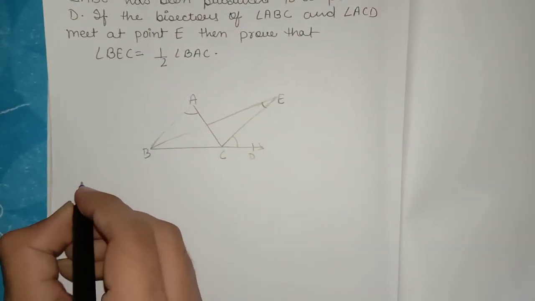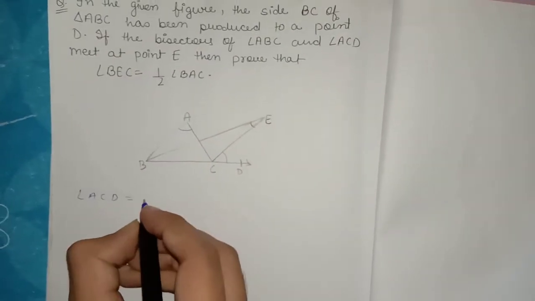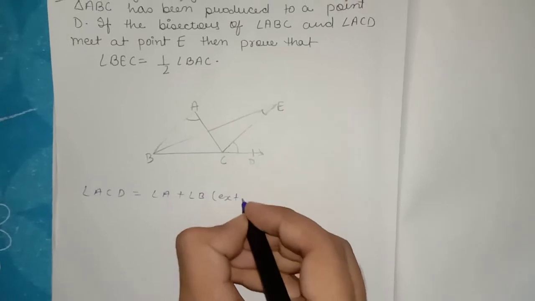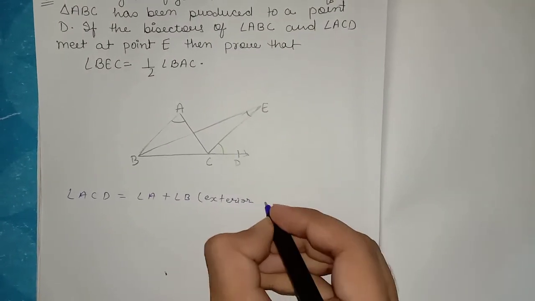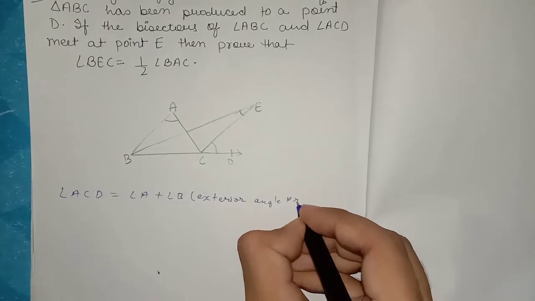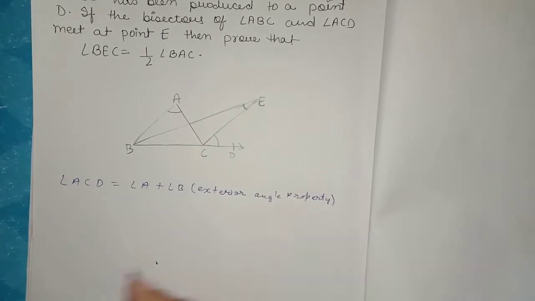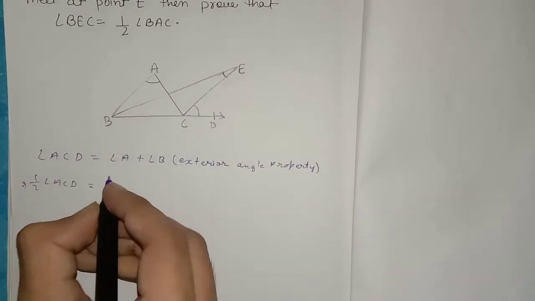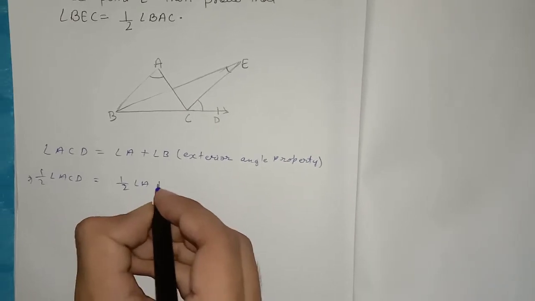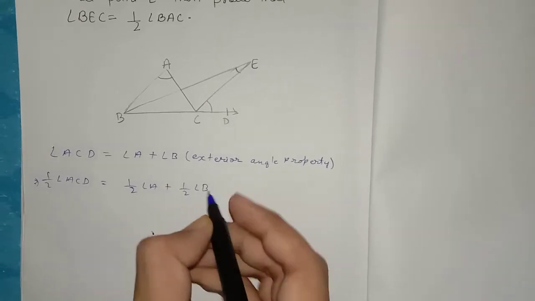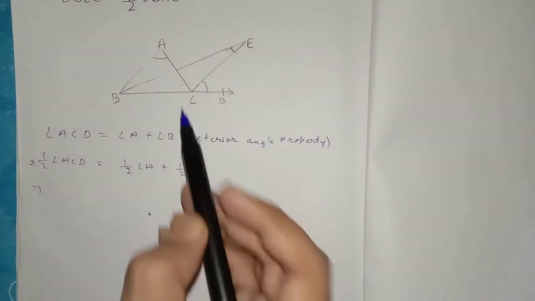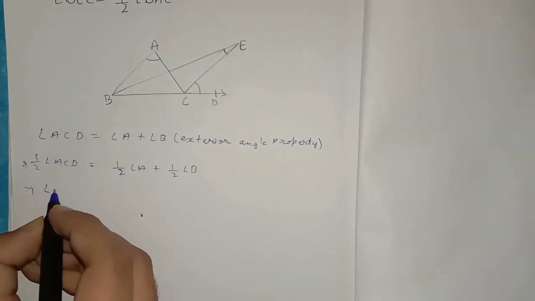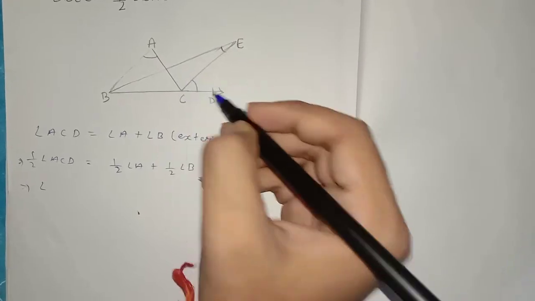So we can write that angle ACD is equal to angle A plus angle B by exterior angle property. So half angle ACD is equal to half angle A plus half angle B. CE is the bisector of angle ACD, so we can write half angle ACD as angle ECD.